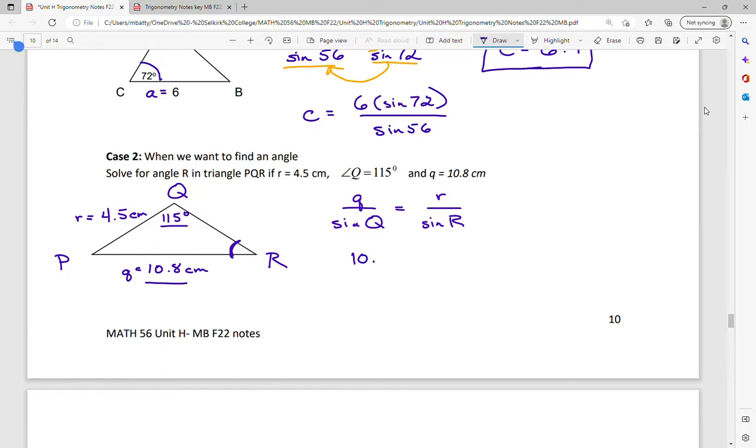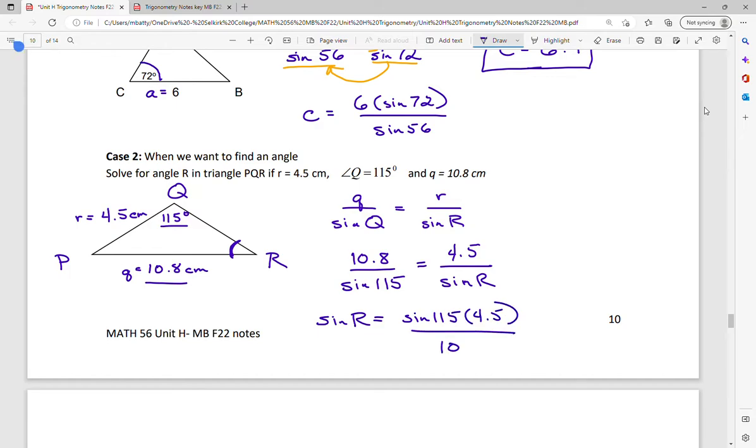So subbing in what I know, q is 10.8, angle q is 115, so sine 115 goes on the bottom, 4.5 is going to go on the top, and sine r is going to go on the bottom. So setting this one up, I could cross multiply. I would have that sine r is equal to sine 115 times 4.5 divided by 10.8.